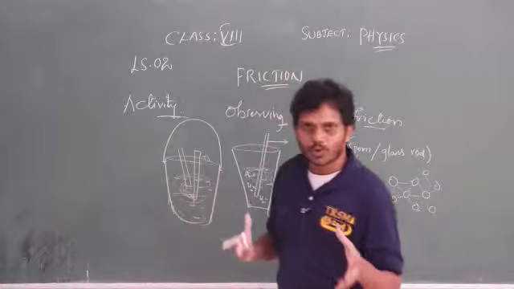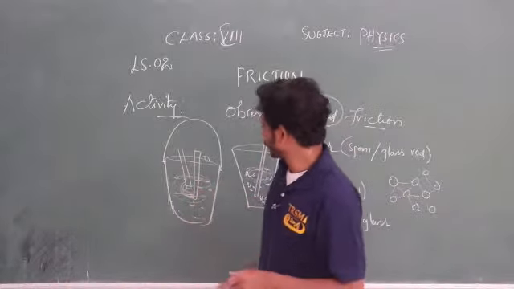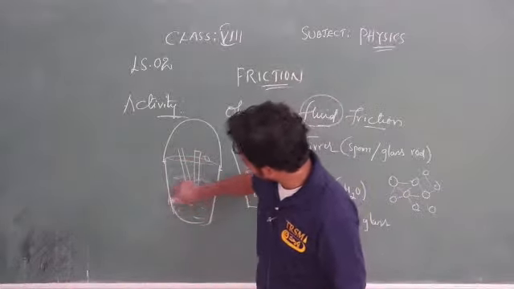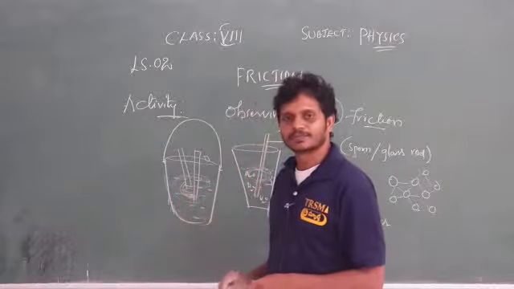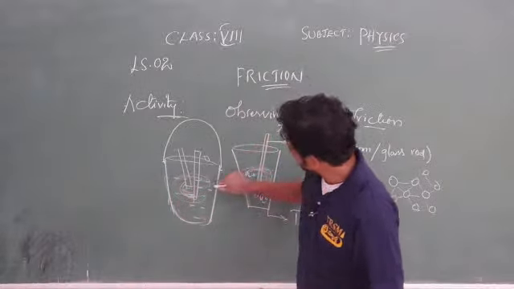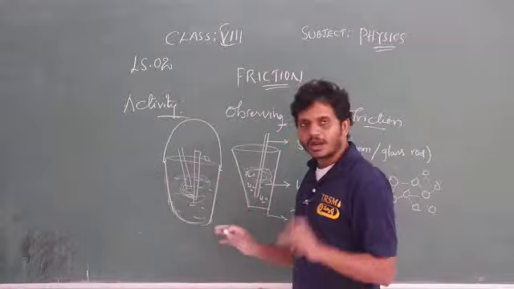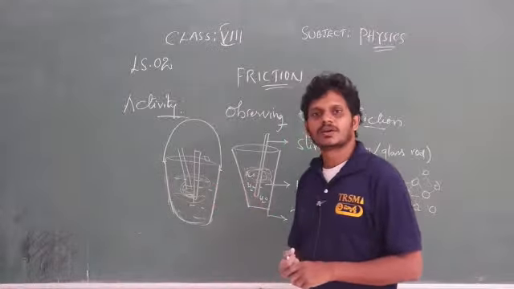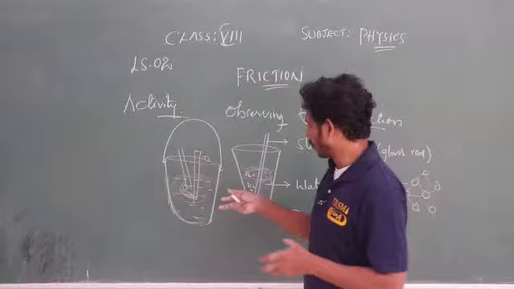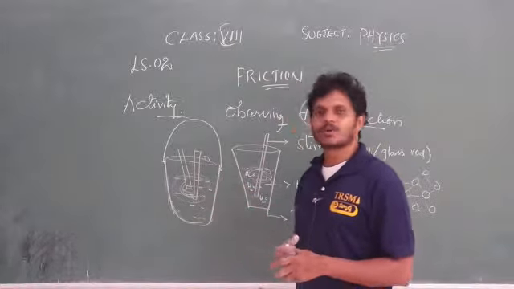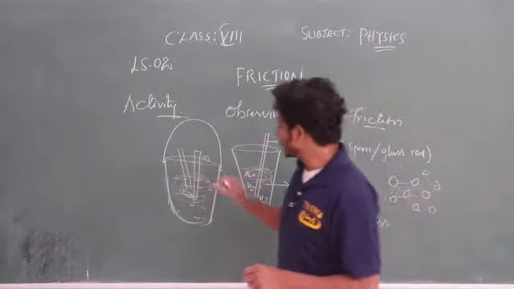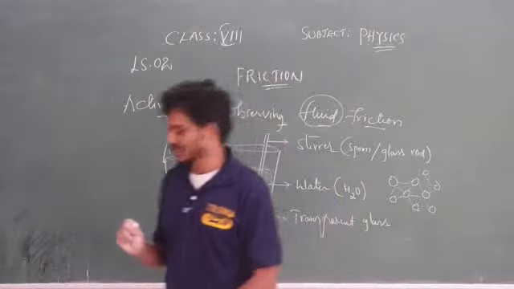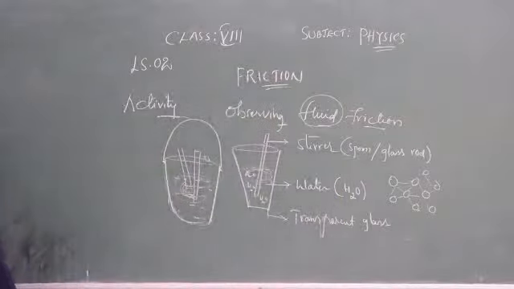Friction between the wall of this bucket and also between the molecules of the water. So there is friction acting upon this, which finally makes this liquid come to rest. That is the other activity.